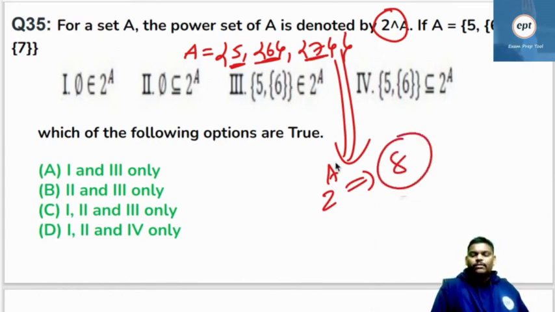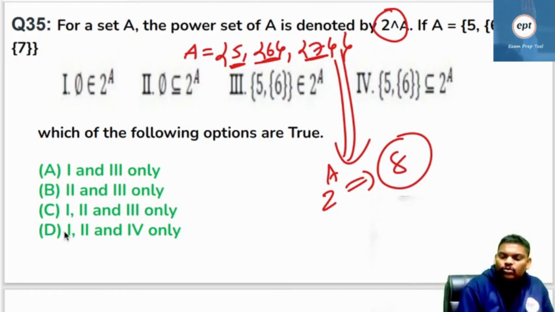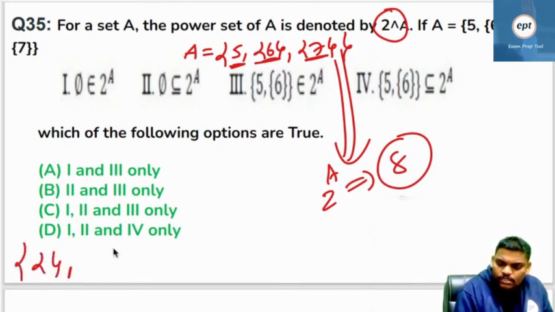2 power 3 contains 8 elements. If you want, you can list out all the 8. I am listing out only for namesake. See the first one, don't take anything. Second one, take one element: first one, 5.